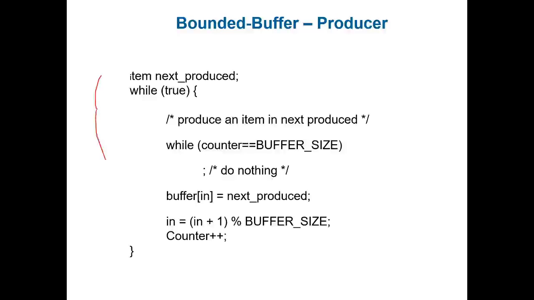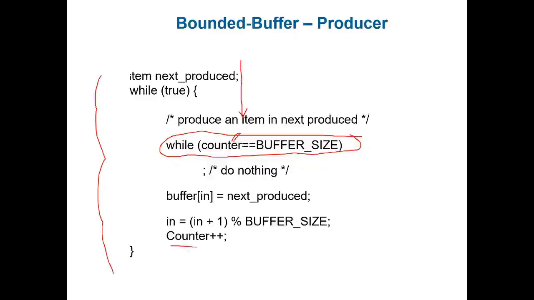So this is the algorithm for the producer. Now when the producer wants to add data to the slot, it is going to enter into the loop. And first it is going to check the while loop here. Now this counter variable is very important here, because this counter variable is shared by both producer and consumer. So this counter variable will tell how many elements are currently available in the buffer.